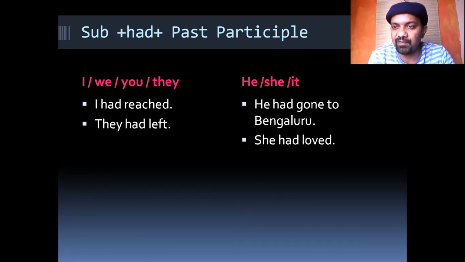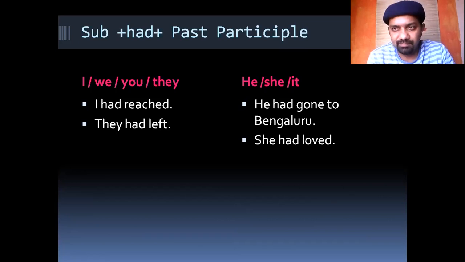Unlike in the present perfect, with he, she, it has, with I, we, you, they have. But here in the past perfect, for everything we use had. This will be a very simple way of remembering. With I, we, you, they, he, she, it, we use had.